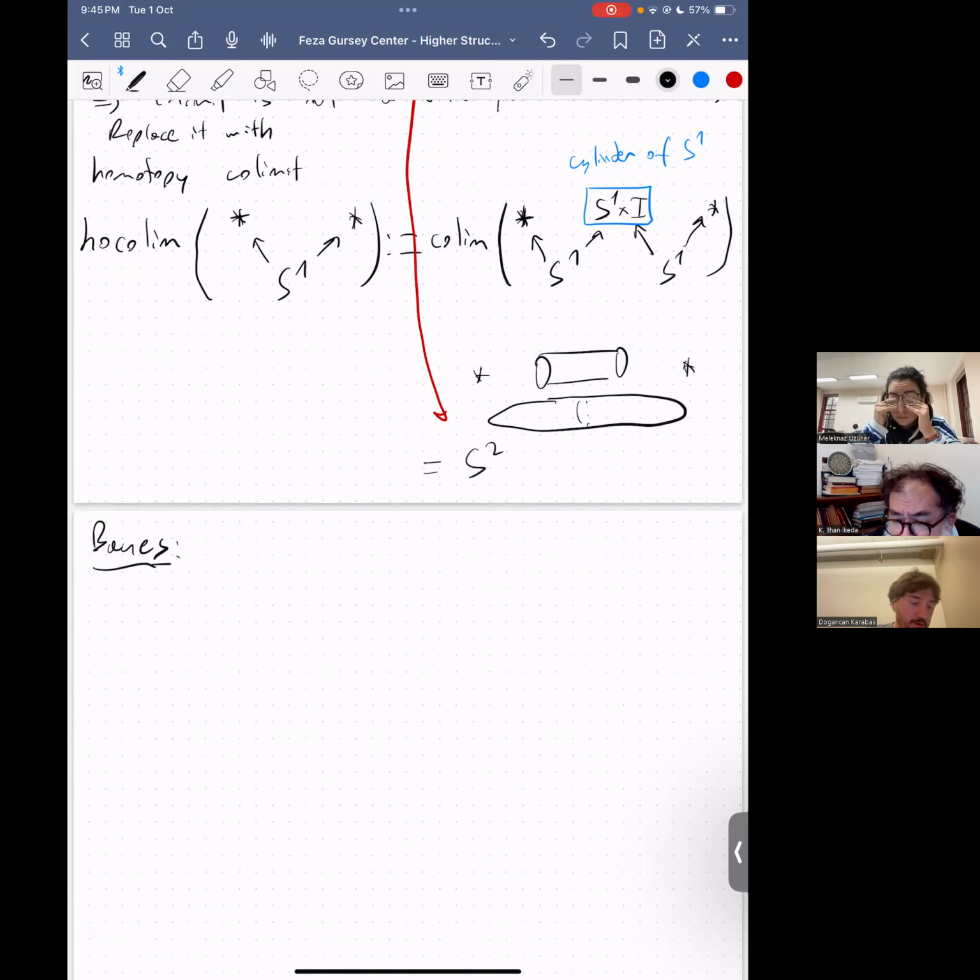So he said, let's say you have M, which is a category, and you give cofibrations and functorial cylinders.